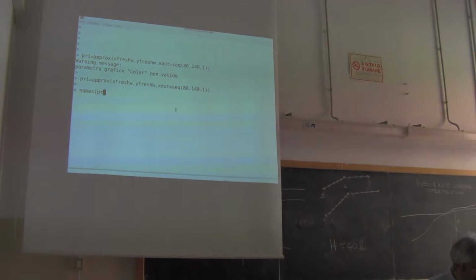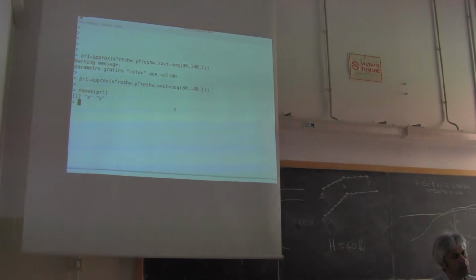If you look for the names of the variables in this list, they are x and y. Perfect. These are the coordinates of the new points. This is very useful. Actually, I used it in my activity several times. You give the coordinates of whatever function and you get a linear interpolation of it. It doesn't perform extrapolation. Let's forget about it for now. I just wanted to tell you.